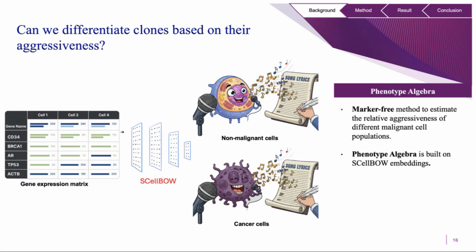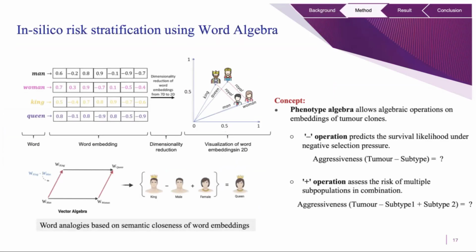So for this, we have developed a marker-free method called Phenotype Algebra, which is built on the SCellBOW embedding. The whole idea of phenotype algebra is dependent on the word algebra property of a doc2vec model, which finds the semantic similarities between the word embeddings based on their context.